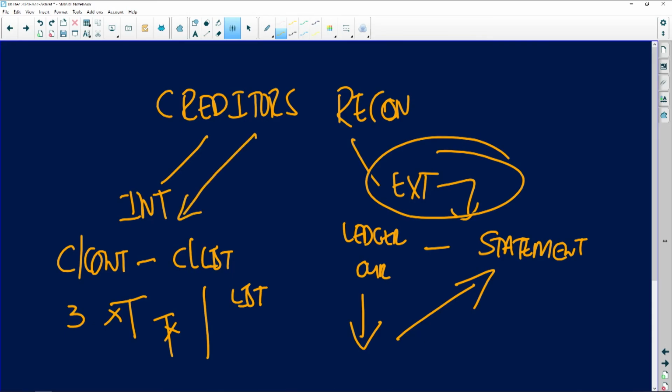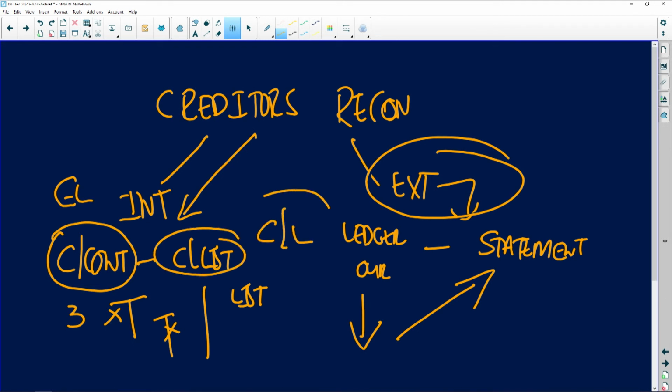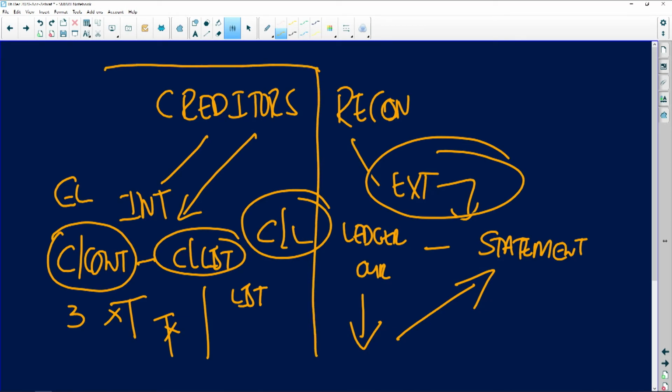Then you also get an internal creditors recon where we are reconciling our creditors control account in the general ledger with the creditors list as per our creditors ledger. Can you see? This one is totally internal. Clear?